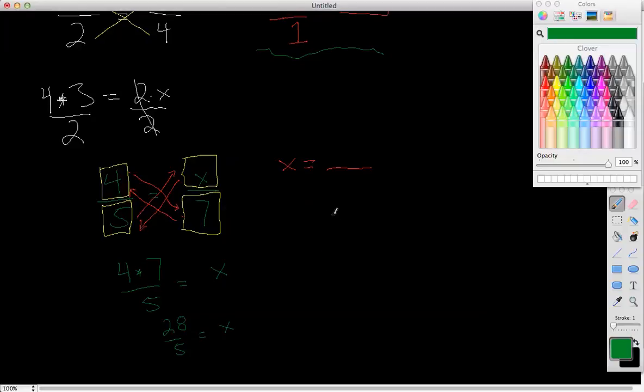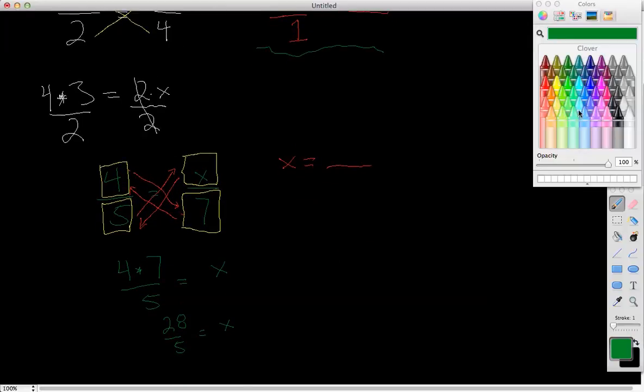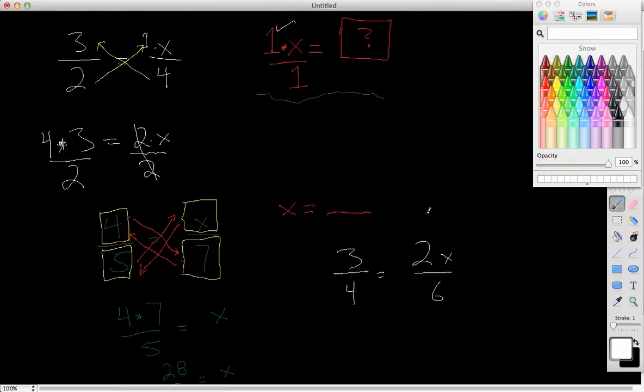Okay, so let us try one more, but it's a little bit more difficult. So imagine you have 3 over 4 is equal to 2x over 6. Now in this example, if we look at it, we do not have a 1 in front of the x, like so here.